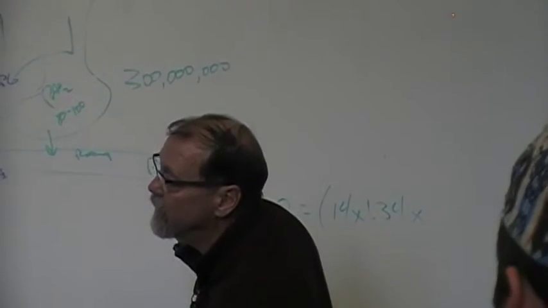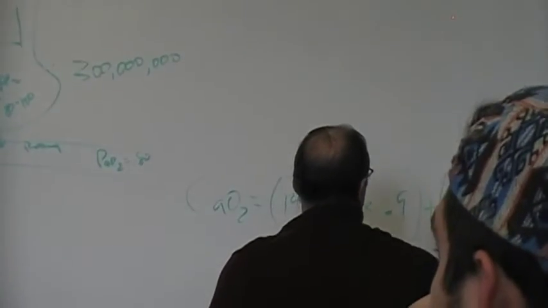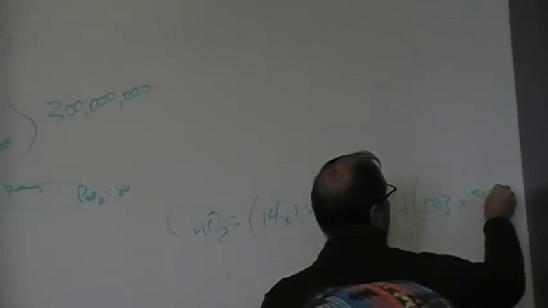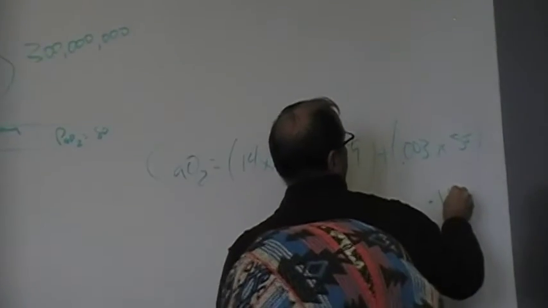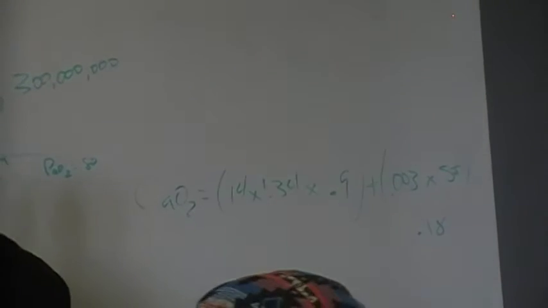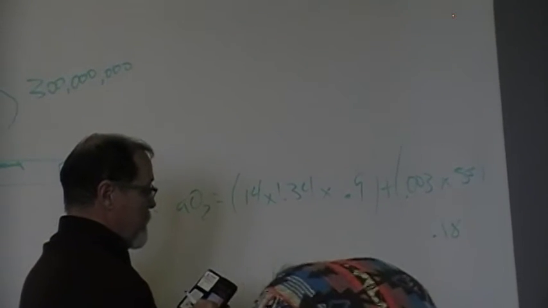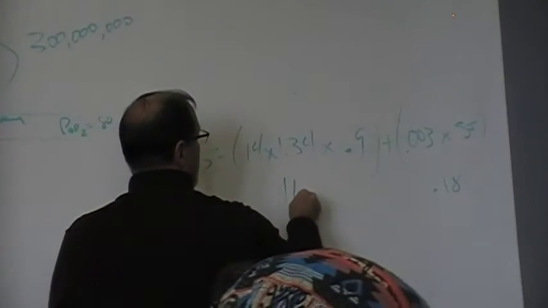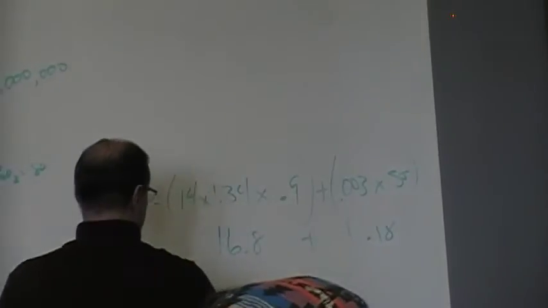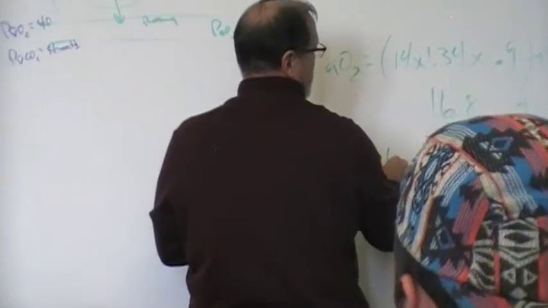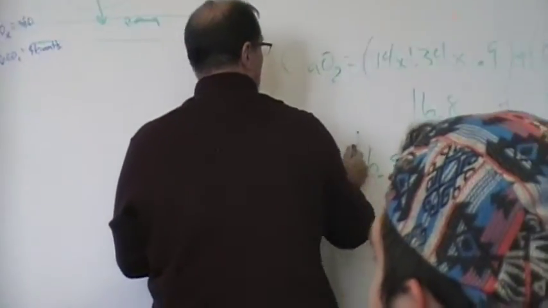So our CaO2 is equal to the hemoglobin 14 times 1.34 times our arterial saturation of 90%, 0.9, added to 0.003 times PaO2 of 55. 55 times 0.003 is 0.18 or so. 14 times 1.34 times 0.9 is 16.8 plus 0.18 is a CaO2 of 16.98, so almost 17. So our arterial content is 17.